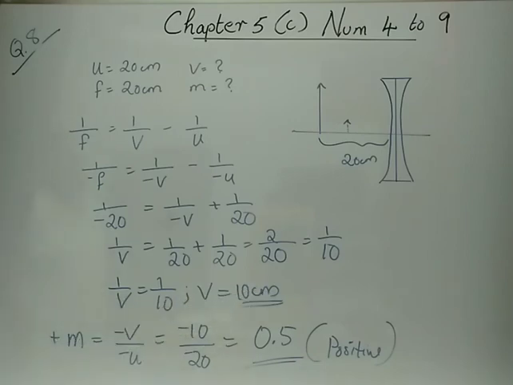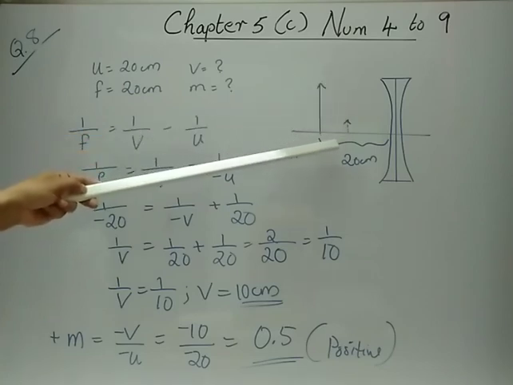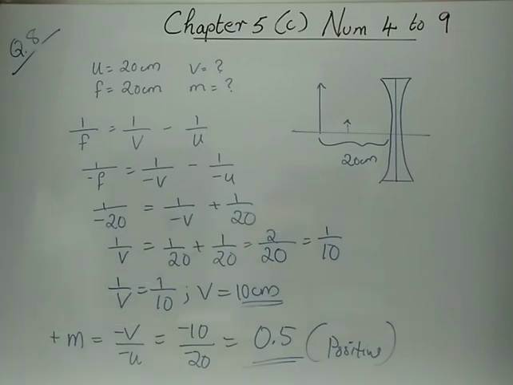Now the magnification. Magnification for a concave lens is always positive. Why? Because a concave lens always forms a virtual image, that is an erect image, that means above the principal axis. So since it is a virtual, erect image, magnification is positive. Now V and U we have already done, both are negative.